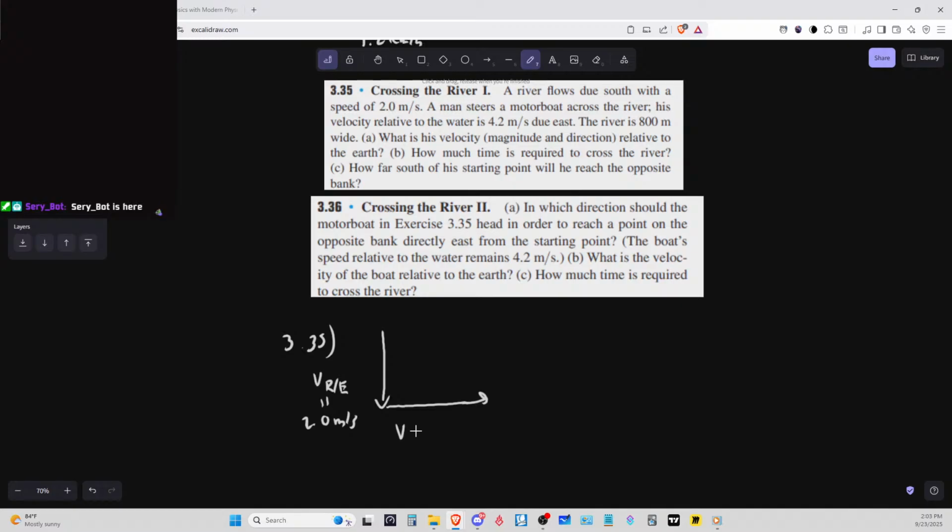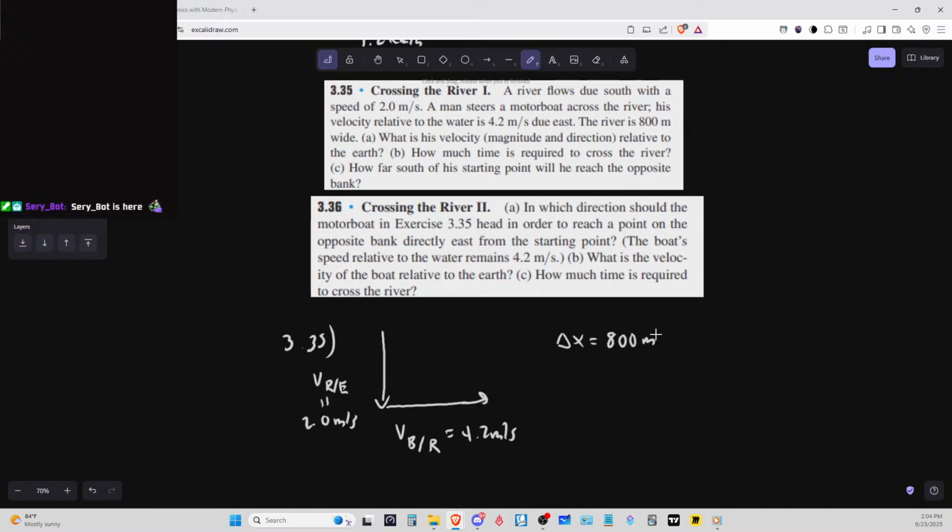The motorboat relative to the water, so we'll put B here, and then we can have the vectors, which will give us a better picture of what's going on. And that's due east, and the distance across the river, from one side to the other, is 800 meters.